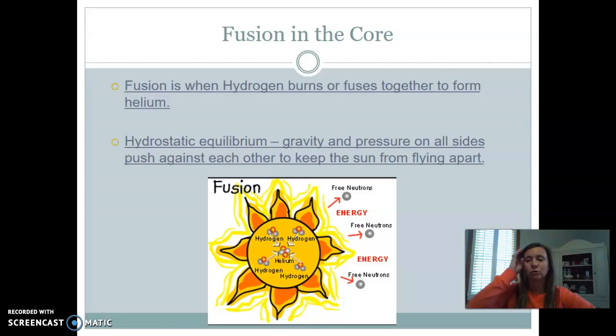That creates what we call a main sequence star, which is in hydrostatic equilibrium, meaning that it is productively producing fusion from hydrogen into helium, and it's staying in a nice static state because gravity is pushing inwards and fusion is pushing outwards, and it's balanced. So it's a static state, it's equal.